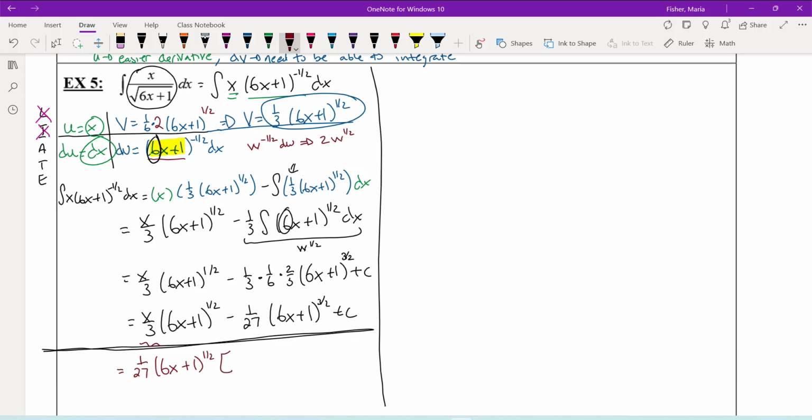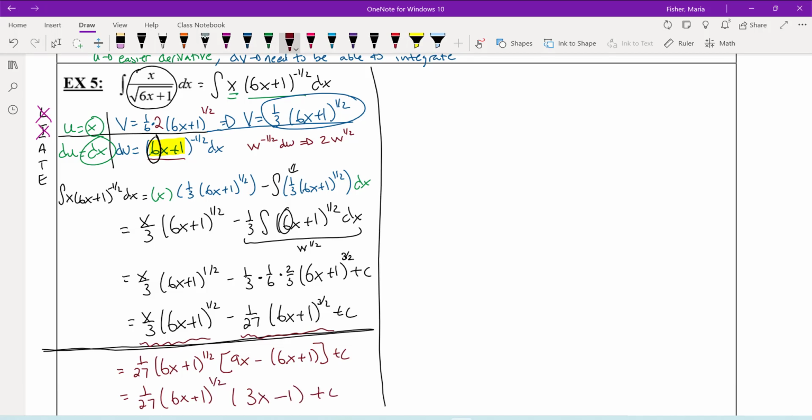If we factor that out of this first term, we'd be left with 9x. If we factor it out of the second term, we'd be left with a 6x plus 1. Distributing the negative there and combining like terms, that would be 1 over 27 times (6x plus 1) to the 1/2, and then 9x minus 6x becomes 3x, and then minus 1 when we distribute the negative.